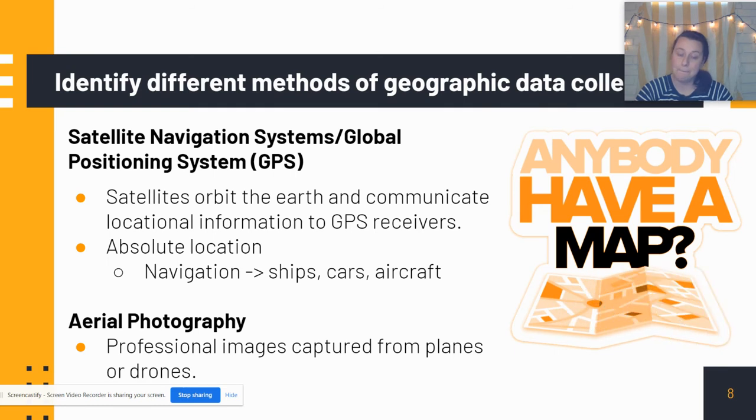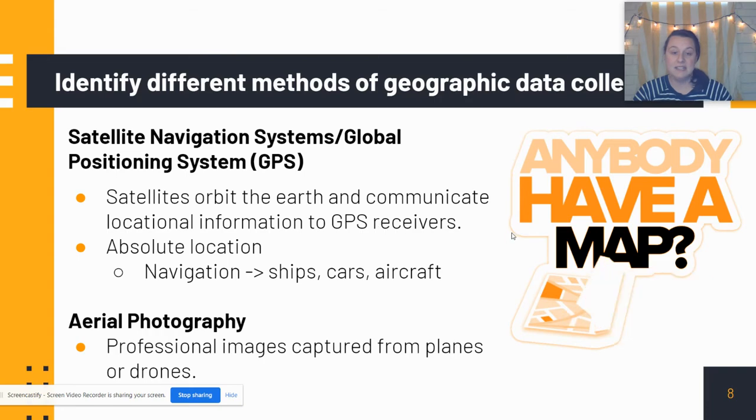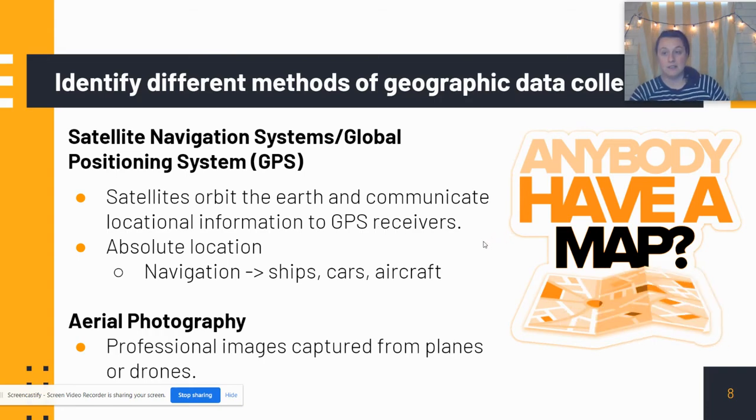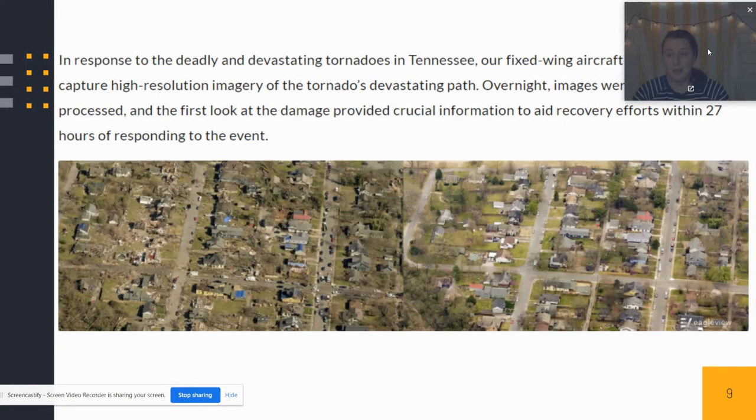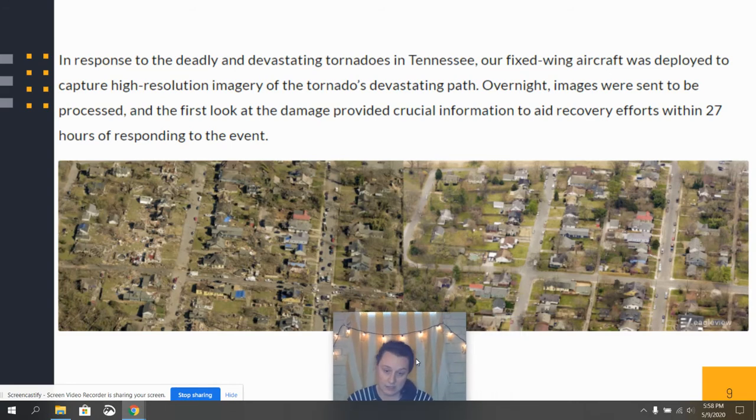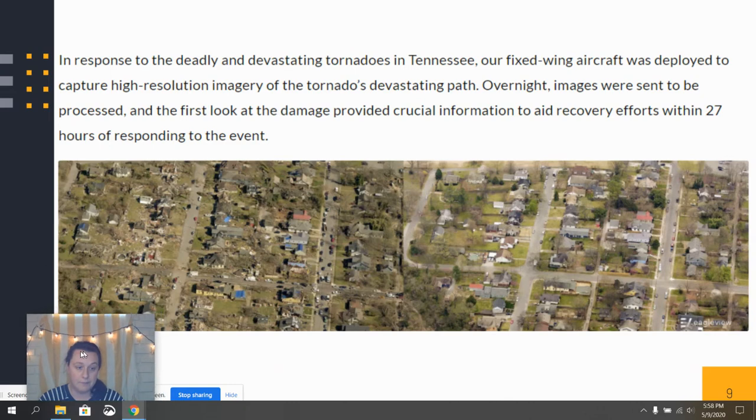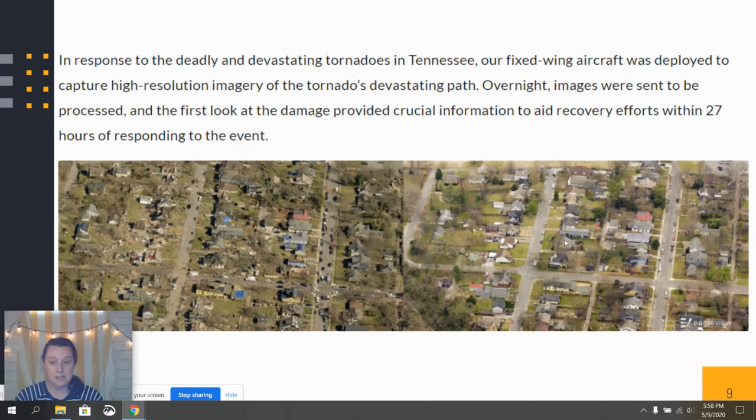It's pretty simple. The next one is aerial photography, and this is exactly what it sounds like. It's images that are captured from planes or drones. And so pictures and images are actually really helpful to businesses, organizations, individuals, government, etc. If you check this out, this is an example of that aerial photography.